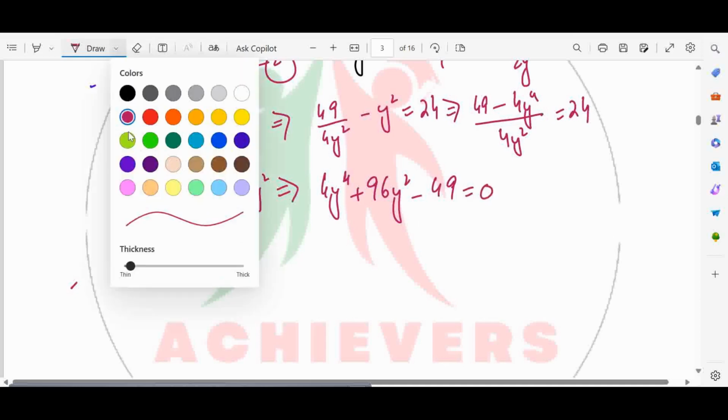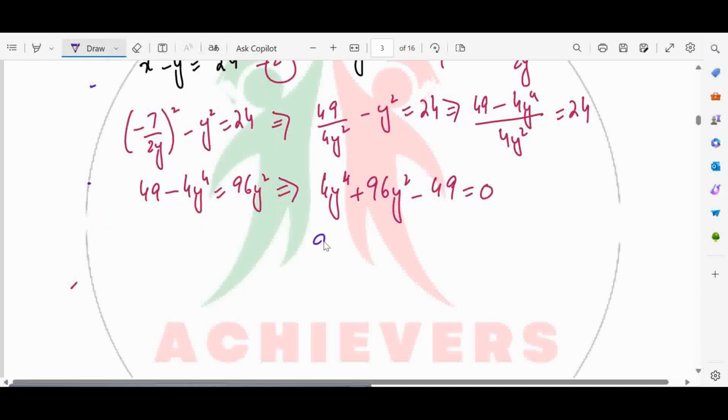Now let's say a is equal to y², and a² will be equal to y⁴. Now from here, 4a² + 96a - 49 is equal to 0.